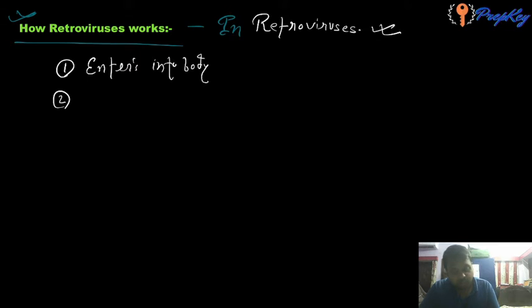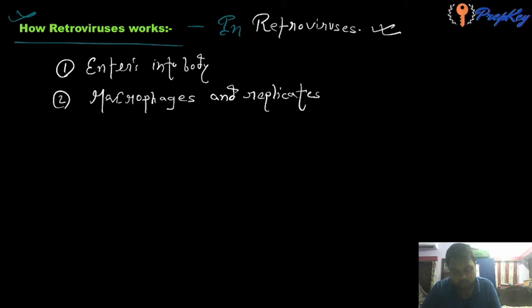In retroviruses, they first enter into your body, then into macrophages, and replicate with the help of which enzyme?